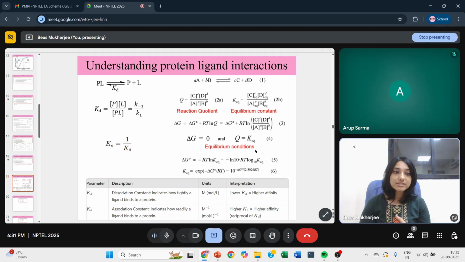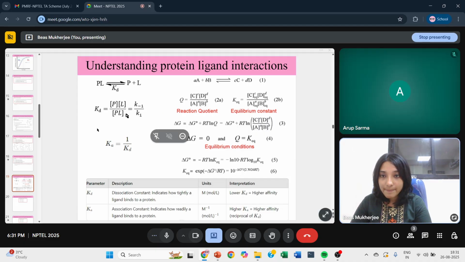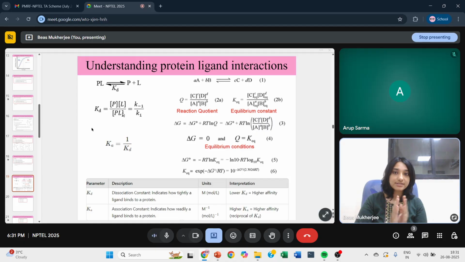The dissociation constant tells you the concentration at which half of the ligand binding sites are occupied. That is the concentration of the free protein and ligand divided by the complex. So that is K inverse divided by K1, that is, the off rate divided by the on rate.